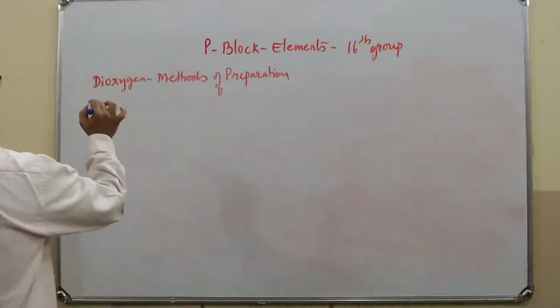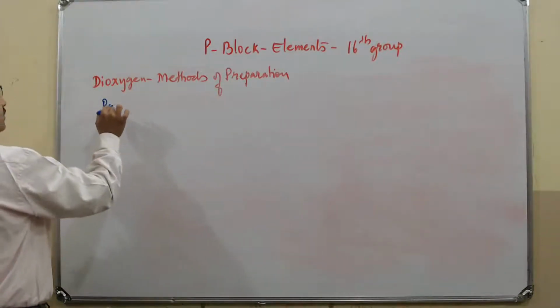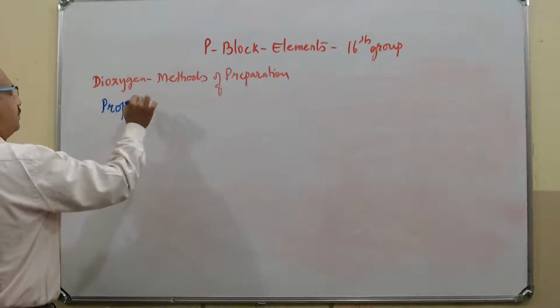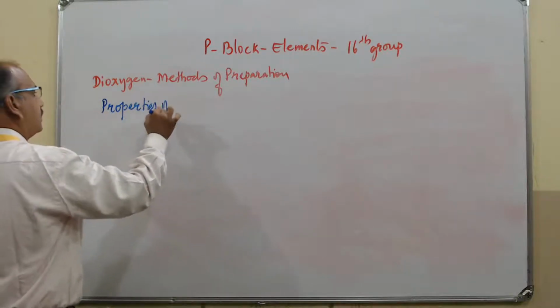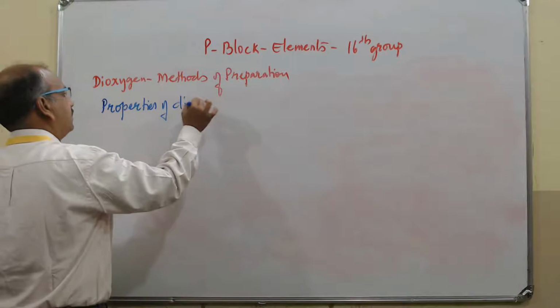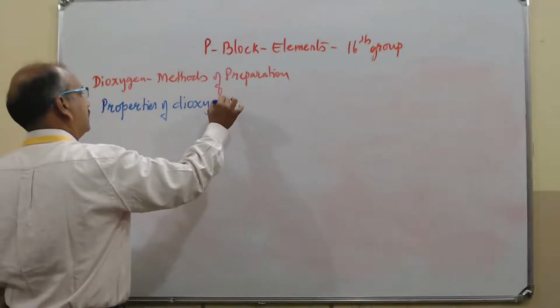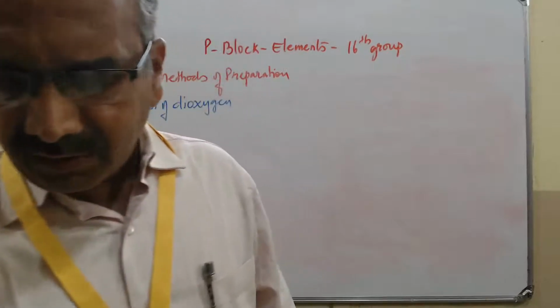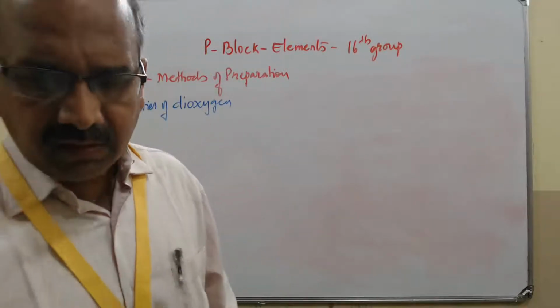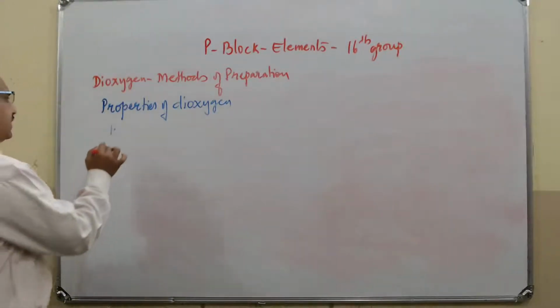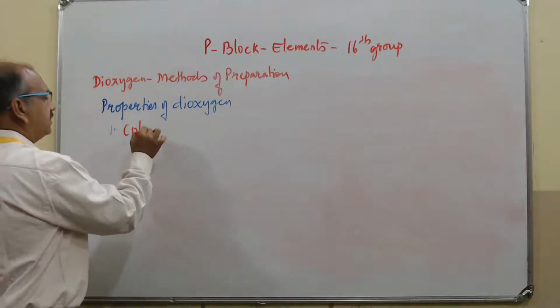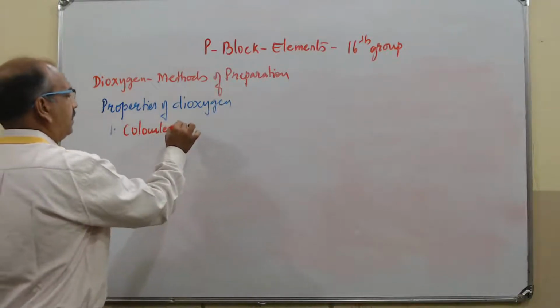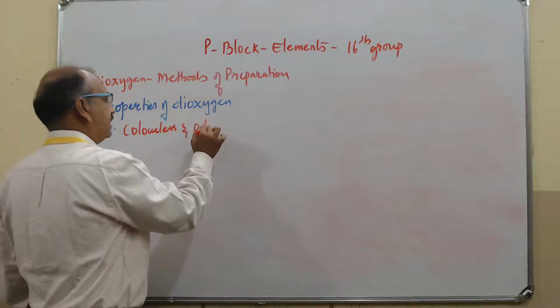Properties of dioxygen. The first property is that it is a colorless and odorless gas.